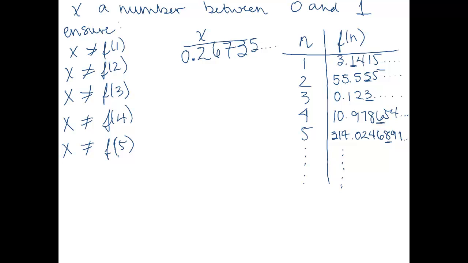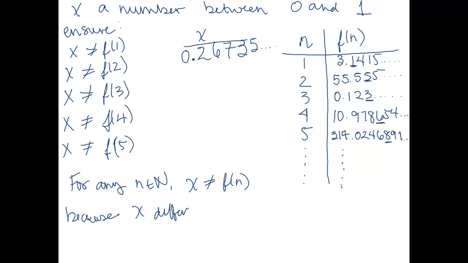Let's write that so that we can see that it's true. For any n in the natural numbers, x is not equal to f of n. Why? Because x differs from f of n in the nth fractional digit.